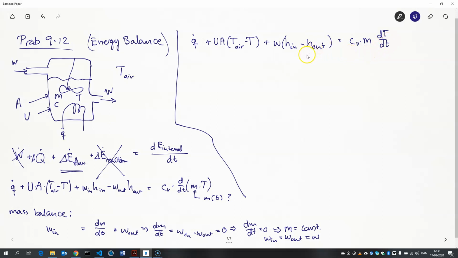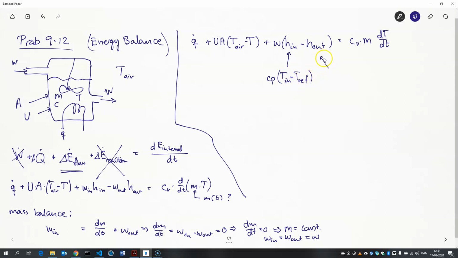Now the enthalpy of the incoming components we can write as the heat capacity at constant pressure times the temperature of the ingoing component minus some reference temperature.